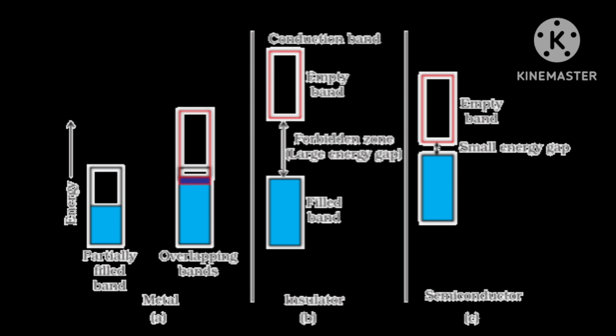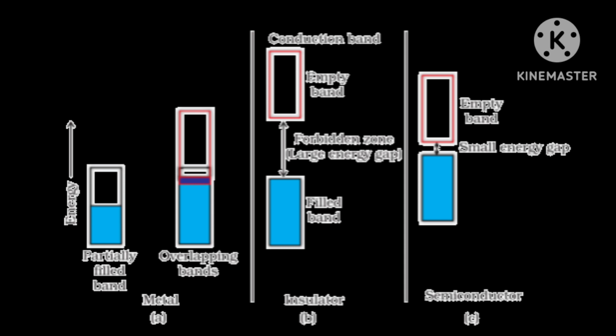The atomic orbitals of metal atoms form molecular orbitals which are so close in energy to each other as to form a band, B-A-N-D.